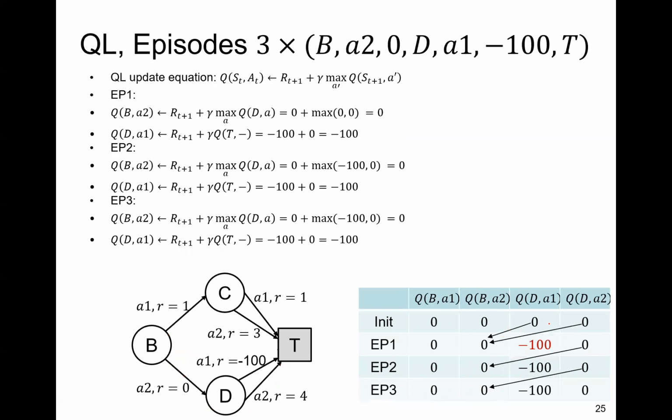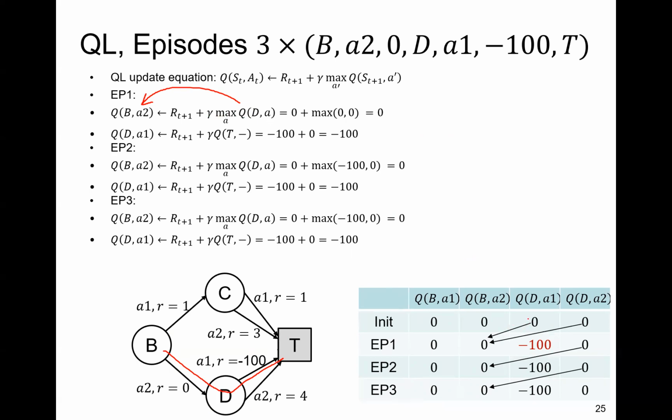So let's look at Q learning. For Q learning, you have, say, the 3 episodes of BD A1 T. So the first update in episode 1 is to bootstrap QBA2 from max over A of QDA.